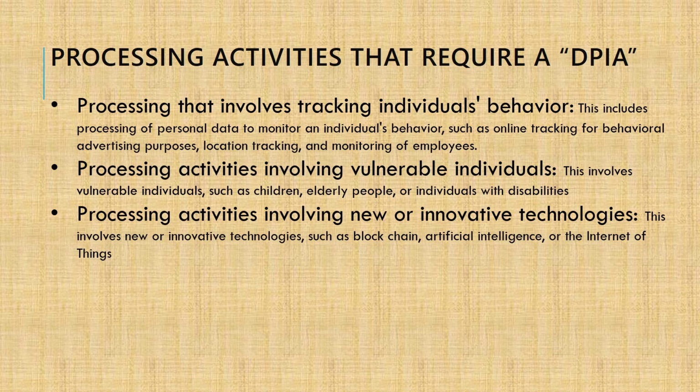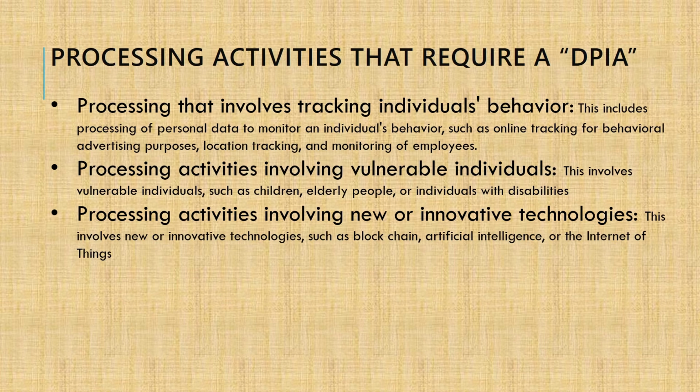Processing activities involving new or innovative technologies. If the processing activity involves new or innovative technologies such as blockchain, artificial intelligence, or the Internet of Things, it may pose a high risk to the rights and freedom of individuals due to the potential for unintended consequences.